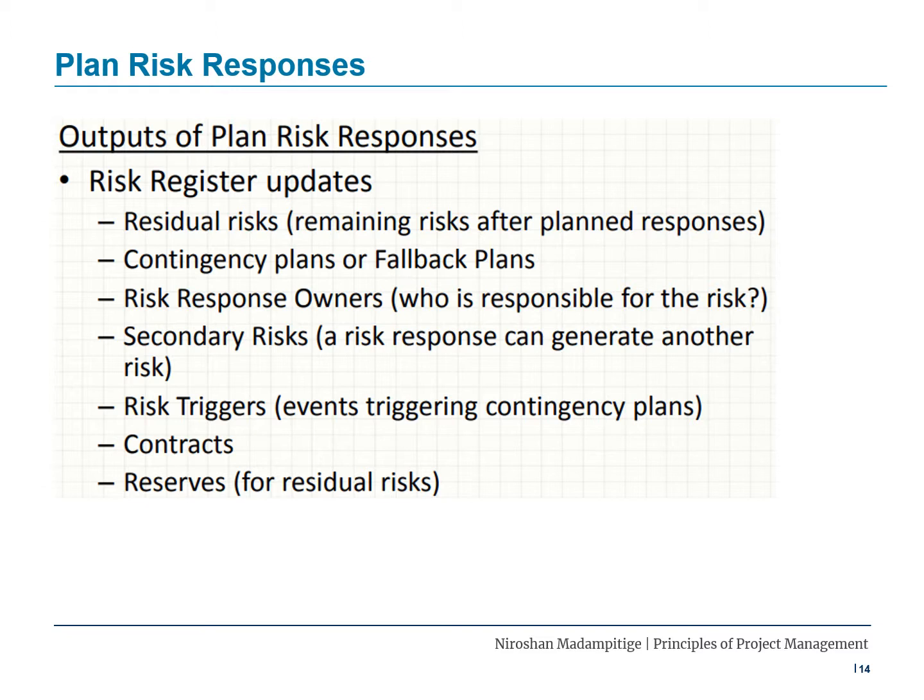Risk response owners: who is responsible for the risk? Secondary risk: a risk response can generate another risk. Risk triggers: events triggering contingency plans, contracts, reserves to be used in case of an emergency. They all have to be updated based on the plan risk responses process.